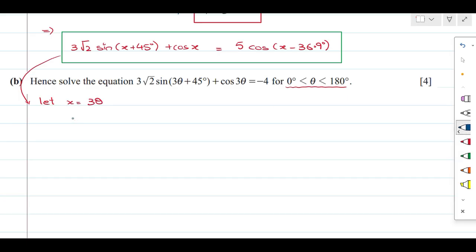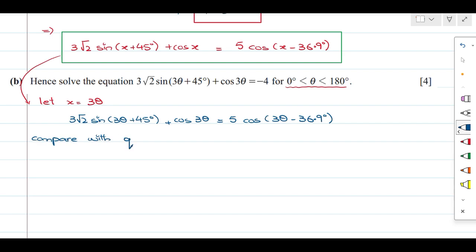When we replace x with 3 theta, we have 3 square root of 2 sine 3 theta plus 45 degrees plus cos 3 theta, which is equal to 5 cos of 3 theta minus 36.9 degrees.